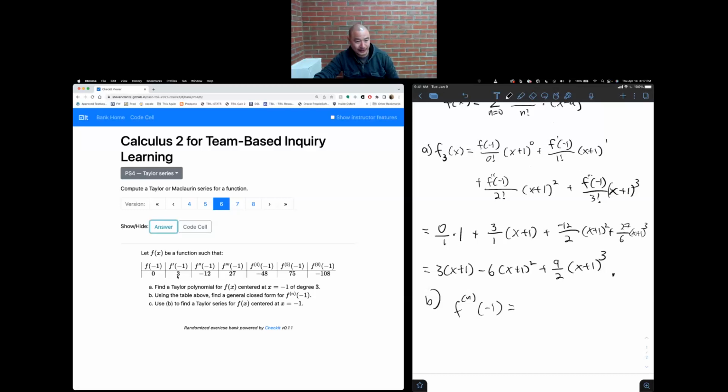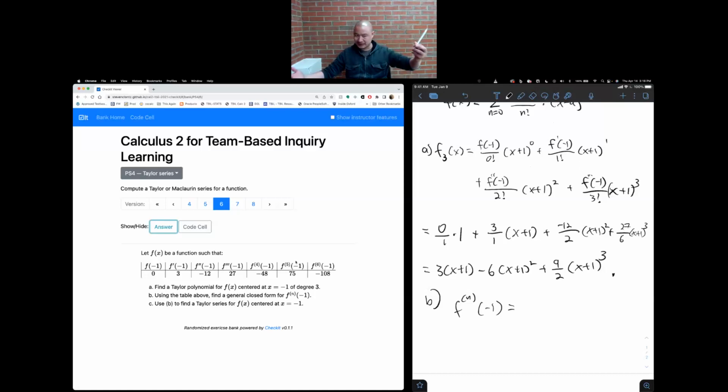And then we got 3, and then -12, 27, -48, 75. And so one thing we notice is that they're all multiples of 3. But which multiples of 3? It's 0 times 3, 1 times 3, -4 times 3, 9 times 3, -16 times 3, 25 times 3.